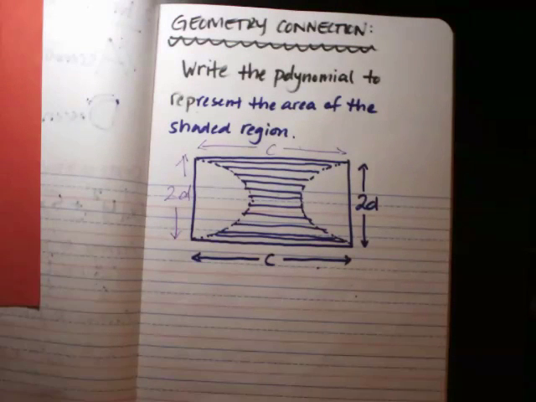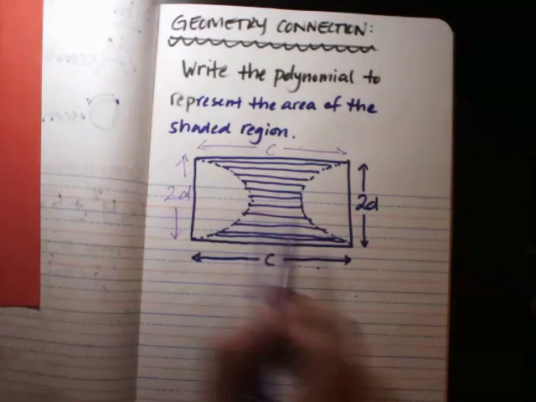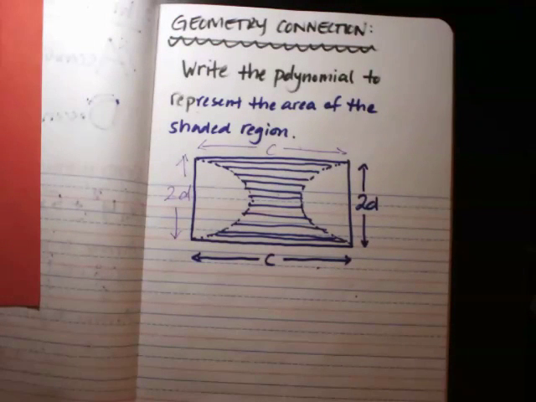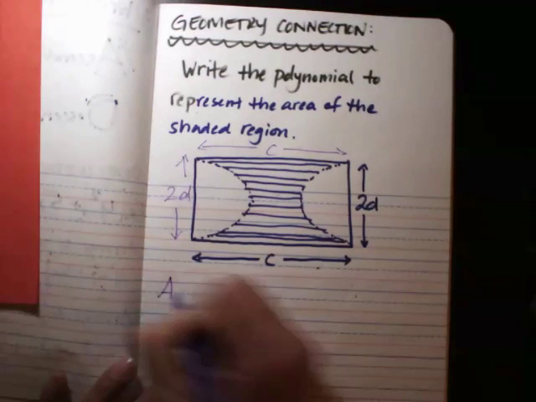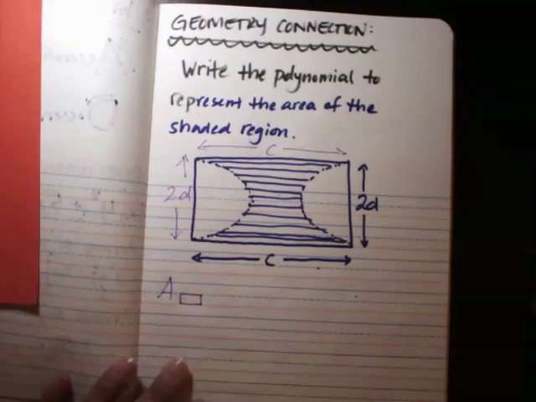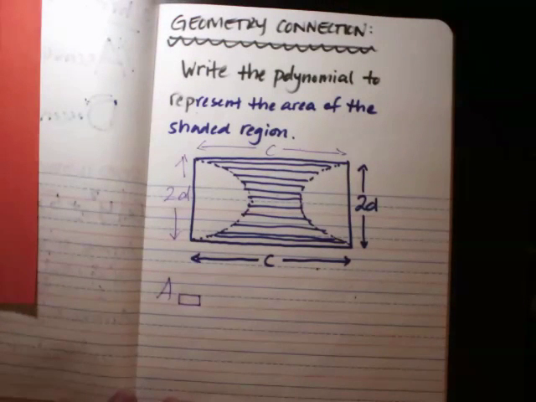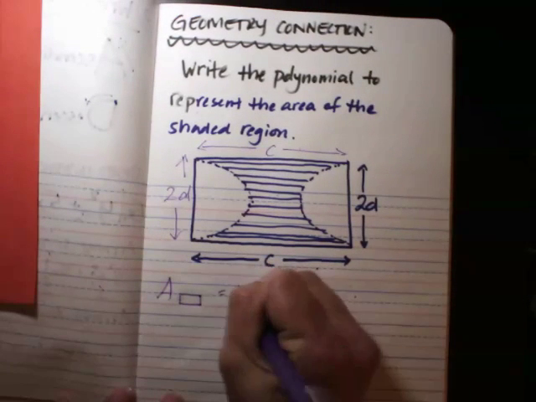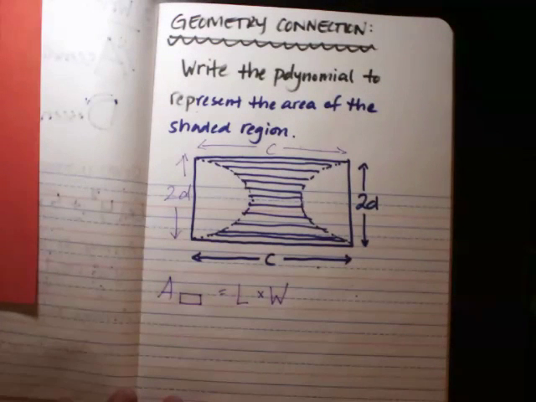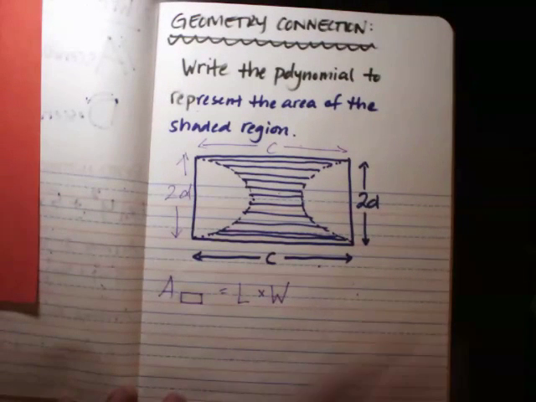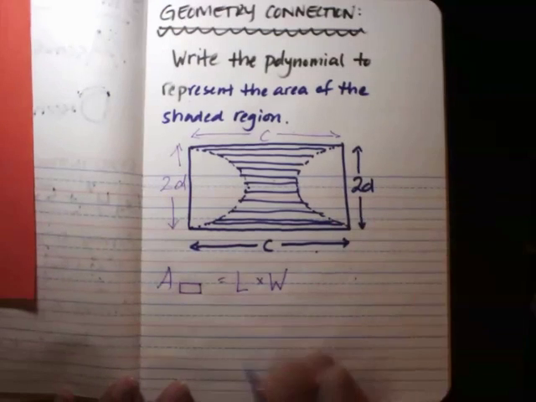So if I want just the area of the shaded region, I'm going to start off with what my whole piece looks like. My whole piece is the area of the rectangle. An area of a rectangle I know is length times width. And looks like we have also semicircles.